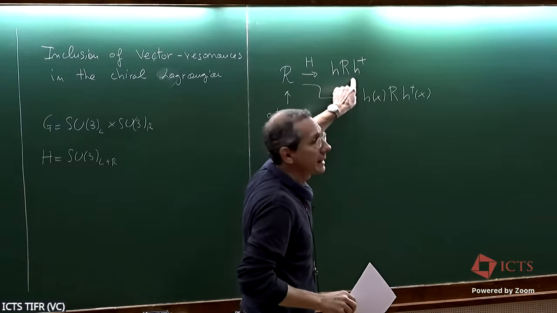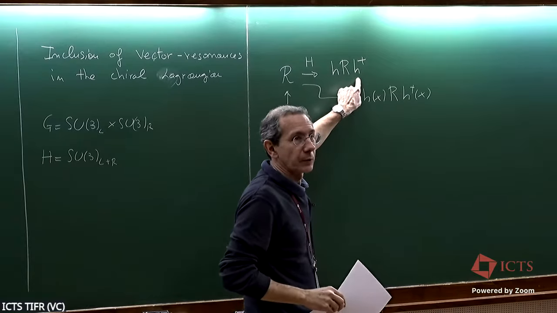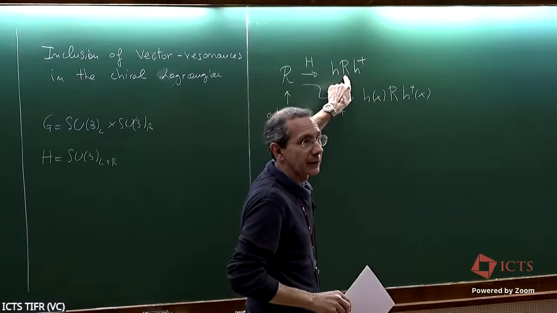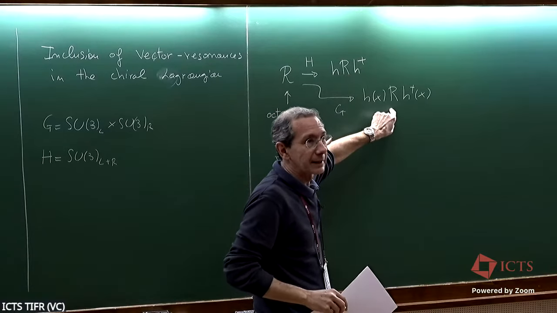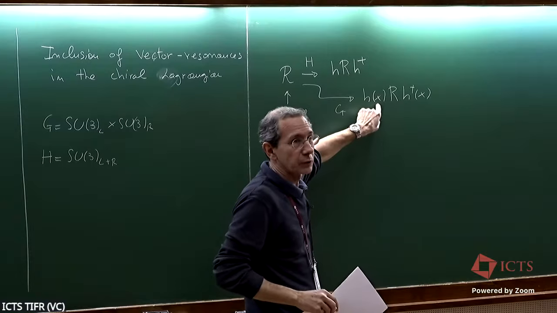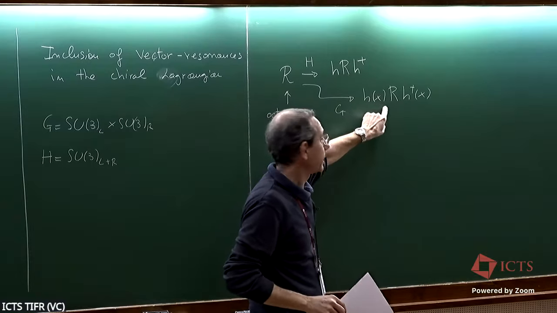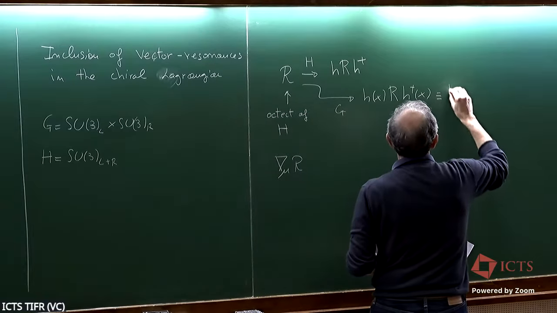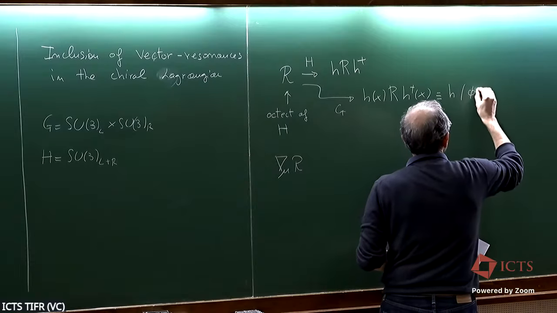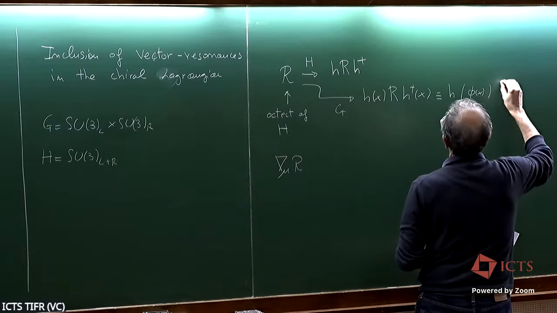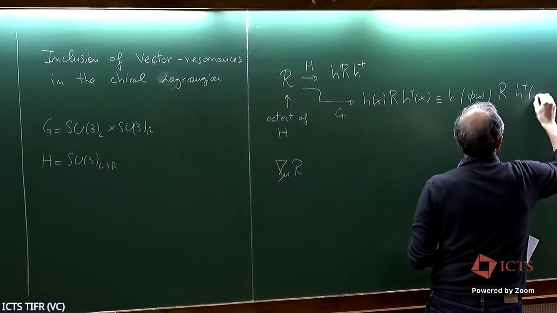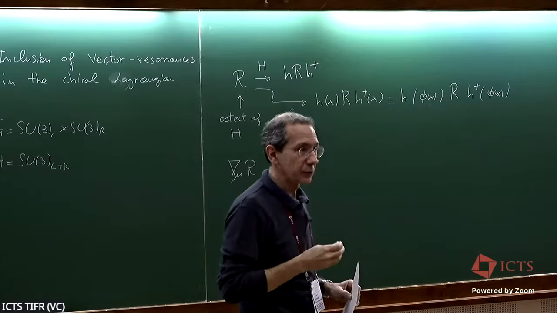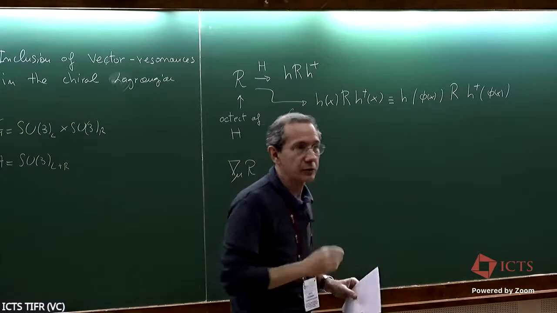This is a linear realization. So we understood why this is linear. This is obviously linear in R. Also, this one is linear in R, but it's not linear in the Goldstone bosons, which are sitting there. So here there is a dependence on the field. I always write it like this, but in practice it would have been better to write it like this. So the dependence on phi is non-linear, because it's an exponential.